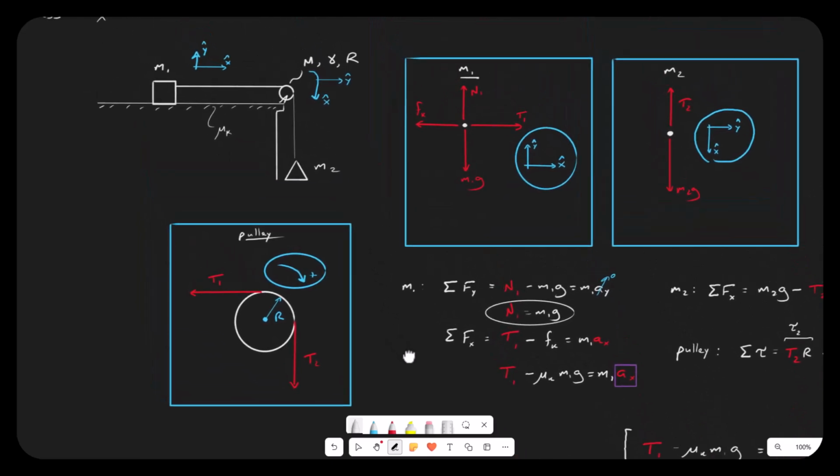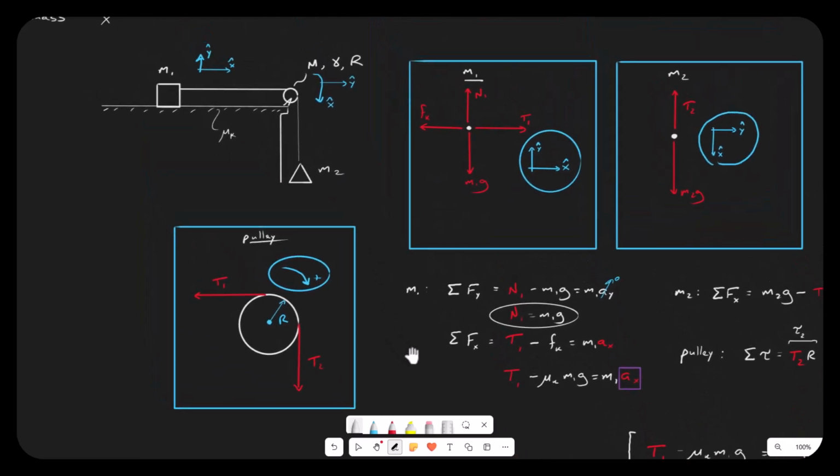Let's give these some masses. We're going to give this a coefficient of kinetic friction of 0.4. Mass 2 can be 10 kilograms. Mass 1 can be 4 kilograms. So now we know we're definitely moving in that direction. We're going to give this pulley a mass of 2 kilograms.